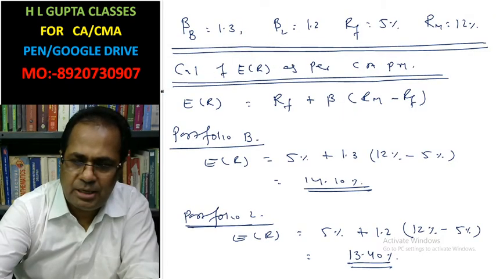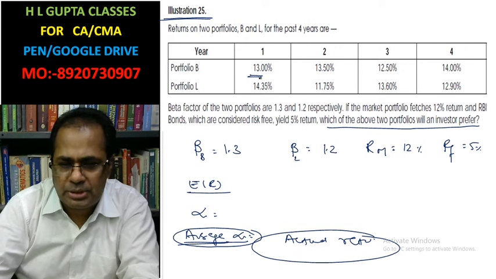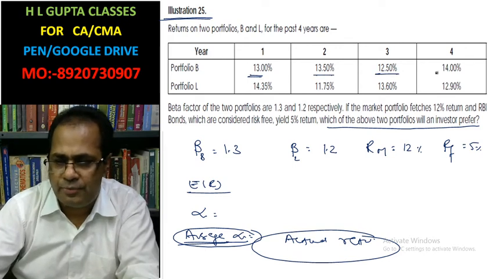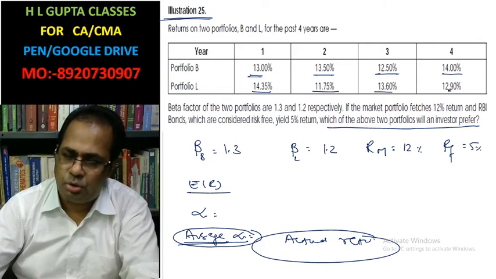How many years are here? In the question, 4 years. In the 4 years, these are the actual returns of portfolio B: 13, 13.5, 12.5, 14, and for portfolio L: 14.35, 11.75, 13.60, 12.90.